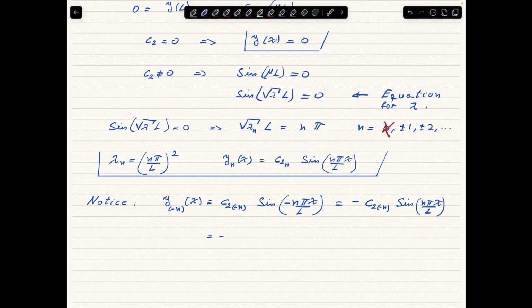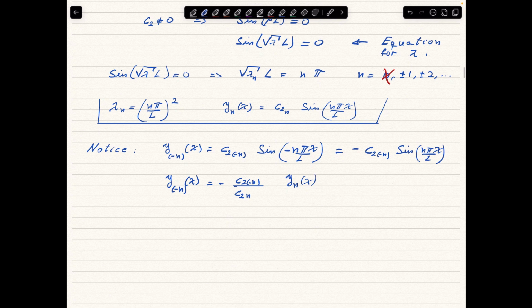So here we have c negative n, and now if we divide by the constant we have chosen for n, then here we are going to get y n of x. So you see the eigenfunction with the negative index is actually proportional to the eigenfunction with the positive index. So these two are proportional, they are not different eigenfunctions.